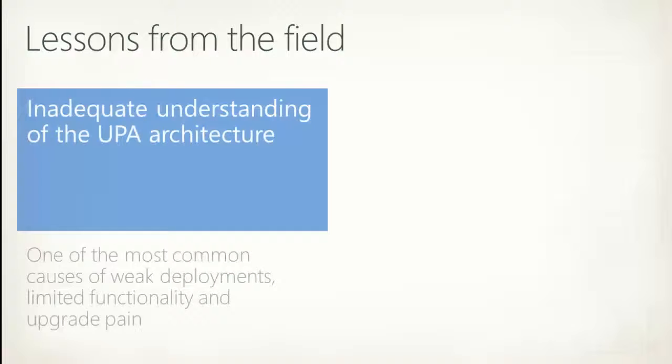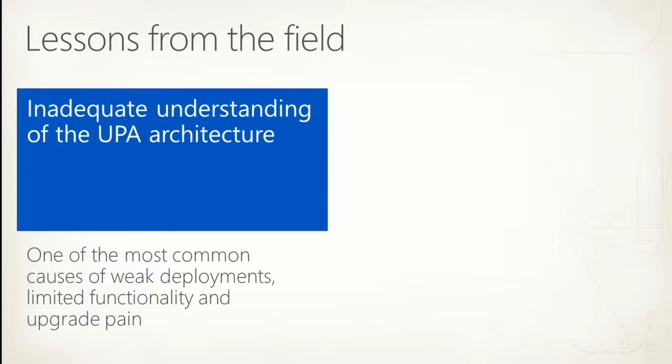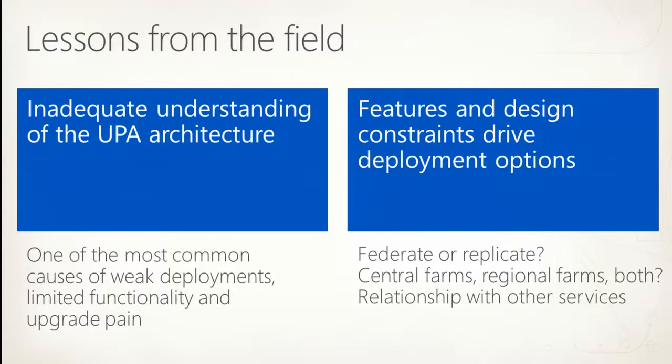And by far and away, the biggest problem is a poor understanding of the architecture of the UPA itself. There's a lot of moving parts involved here, and we can't really make design decisions about how we're going to deploy if we don't understand these architectural capabilities, but also the design constraints.